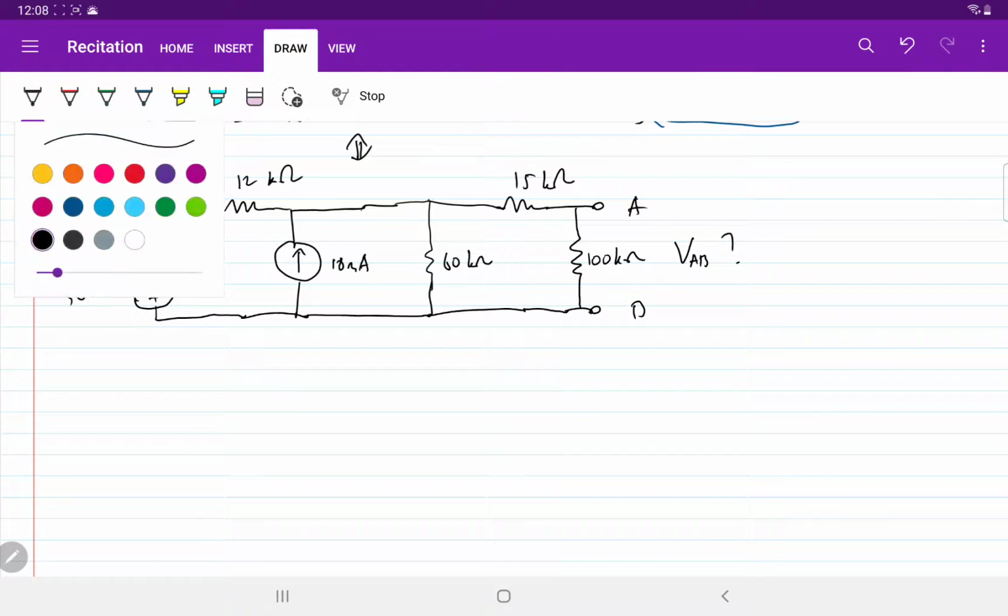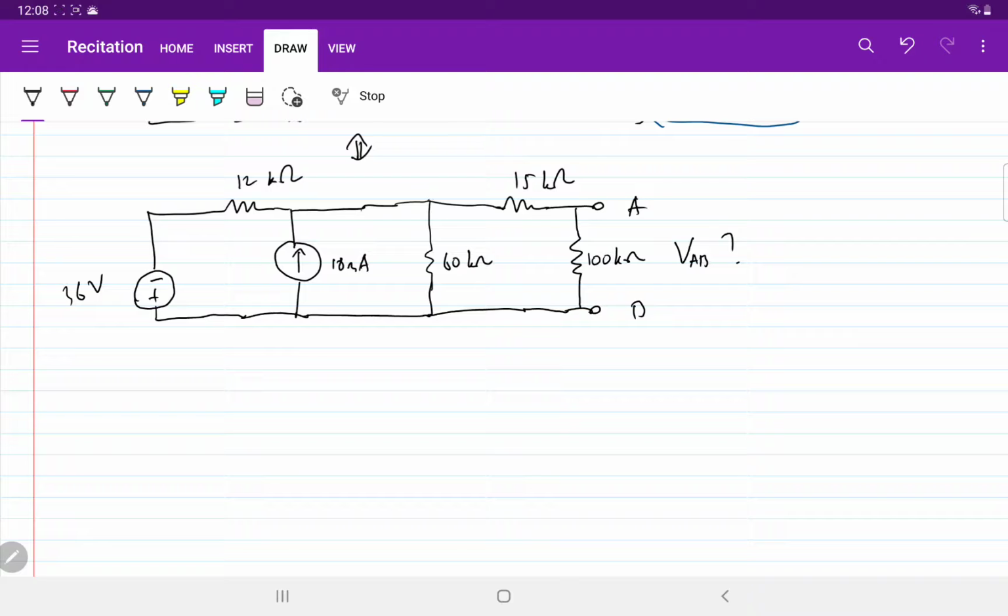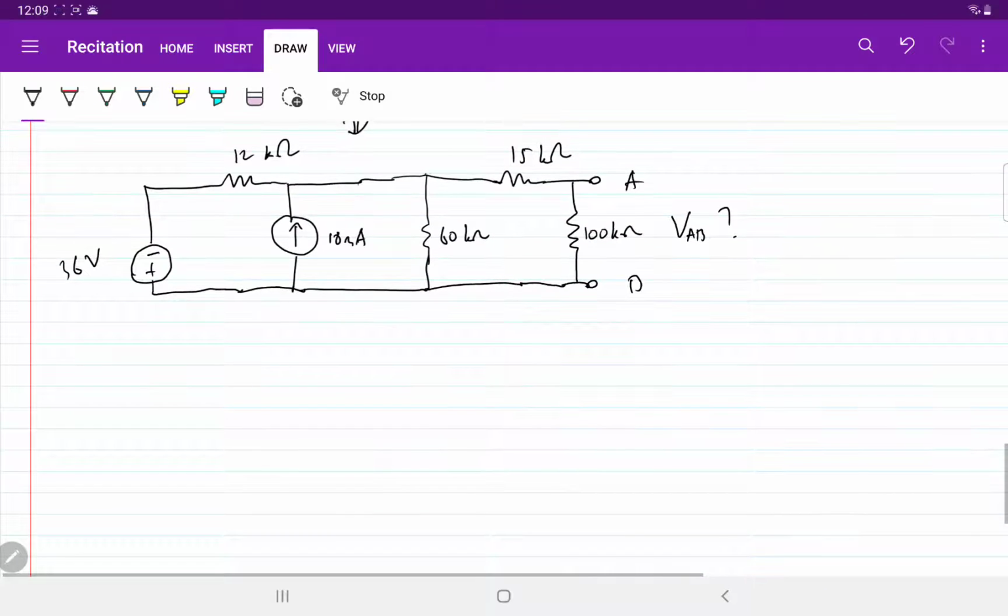Okay, so to solve it, let's use the source transformation technique, right? We have a voltage source in series with this resistance, so we can transform it into a current source like this in parallel with this 12 ohms. So what do we have?